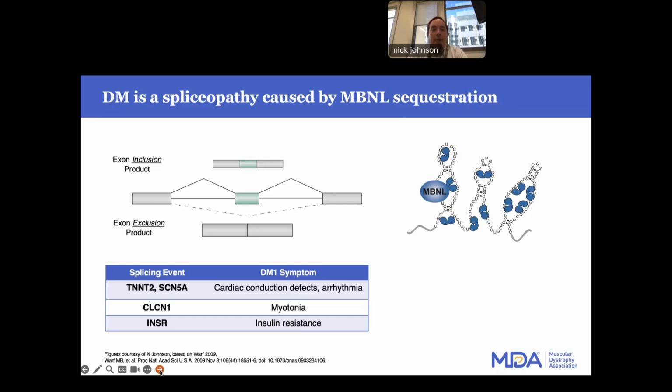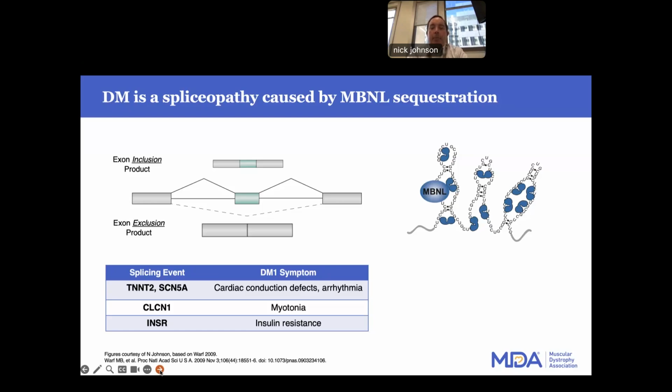And so, this really happens. Well over 2,000 different transcripts are misspliced across multiple different organ systems. And this combination of events is what leads to the disease symptoms and symptomatology.